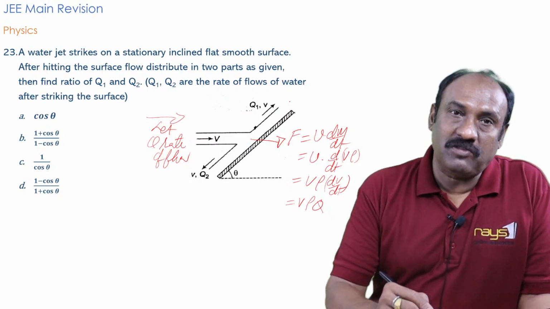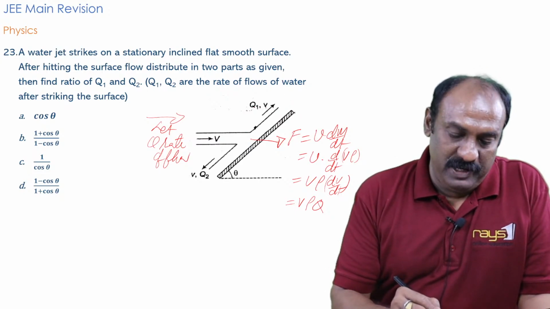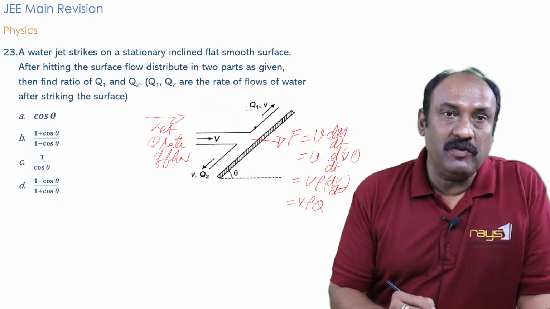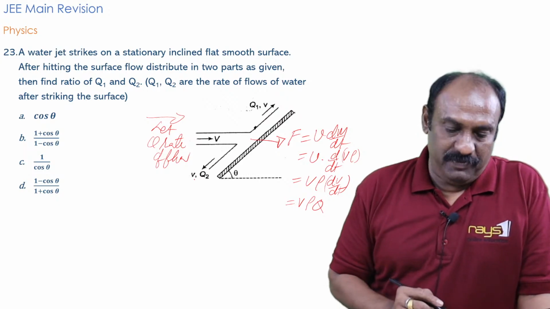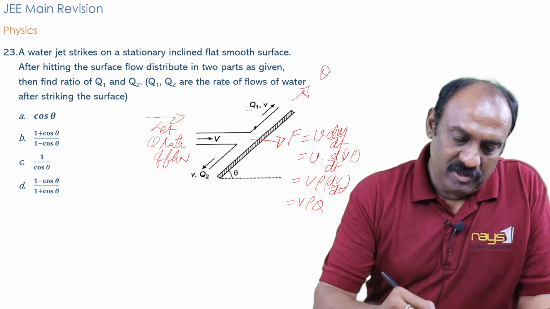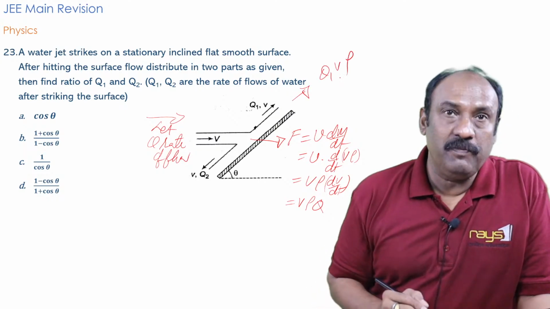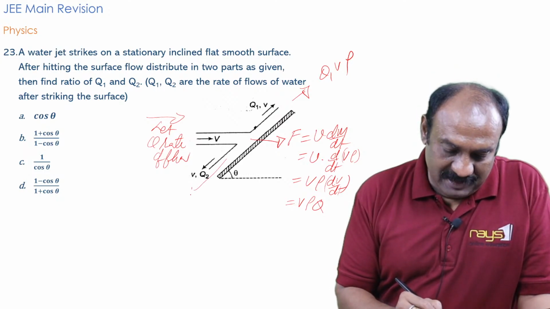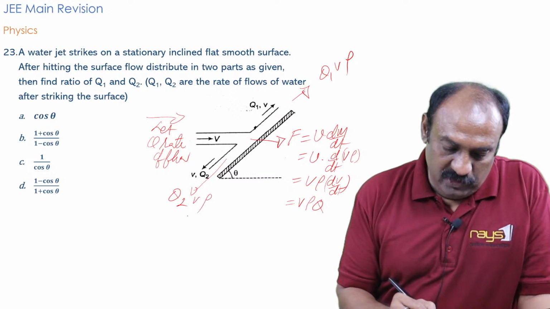One moves up with rate of flow Q1 with speed V, another moves down with rate of flow Q2 and velocity V. So in this direction the force is Q1 V into rho. In this direction, the force exerted by the water jet is Q2 into V into rho.